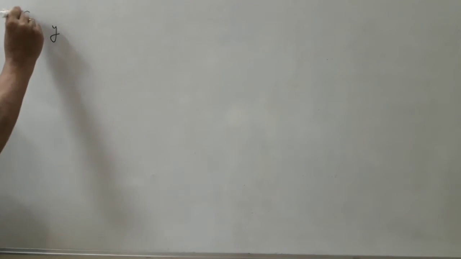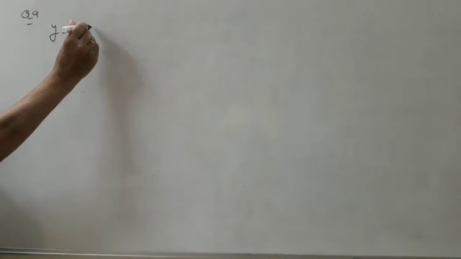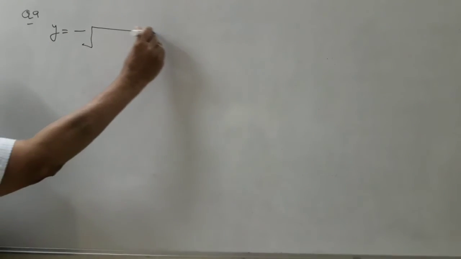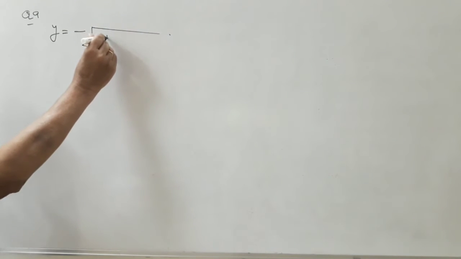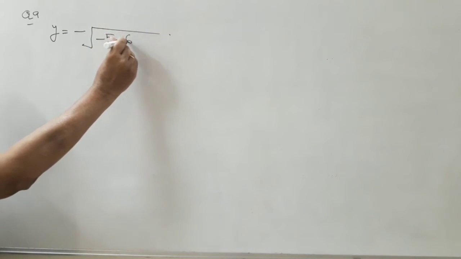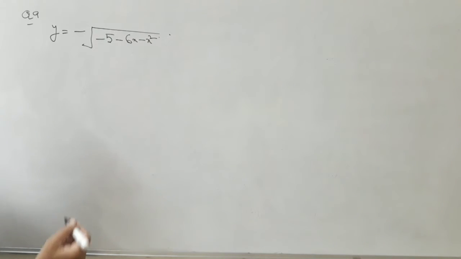Only. Now see, this is question number 9. y is equal to minus under root of minus 5 minus 6x minus x square. Check out.